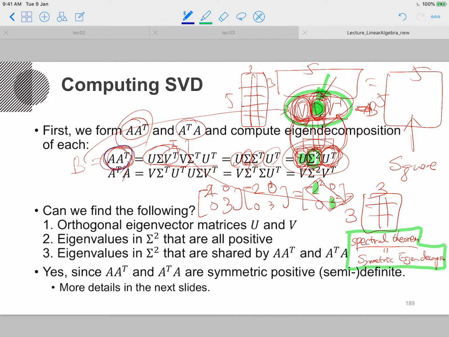We need to have n linearly independent vectors, and even though I didn't discuss it in detail, the necessary condition for that is that the determinant of A minus lambda I equals 0 needs to have n real roots. Okay, n real roots, right? The solution for this nth order polynomial, the determinant of A minus lambda I equals 0.